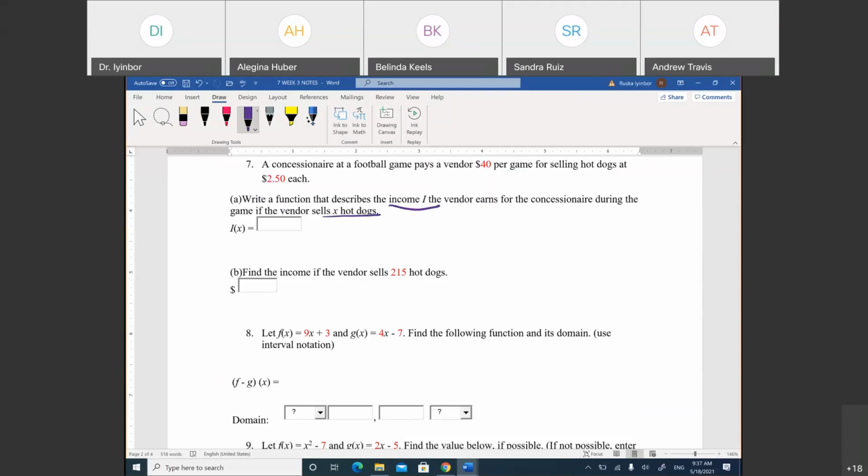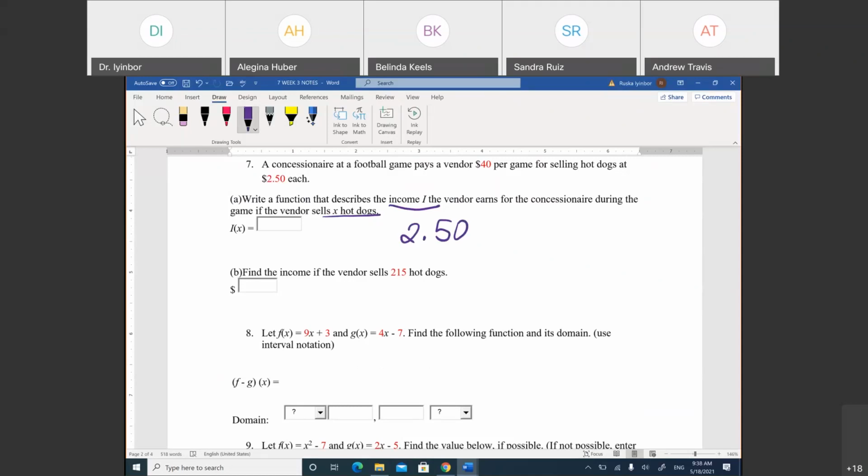Okay, so let's say you get that table at the football game and you're going to sell hot dogs. And you're selling each hot dog at $2.50. So how are you going to calculate the income? If each hot dog is $2.50 and you're selling x hot dogs, how much is the income? You sell x hot dogs.